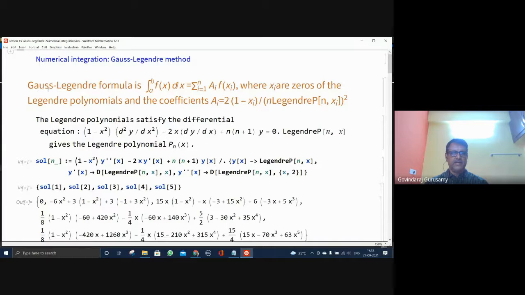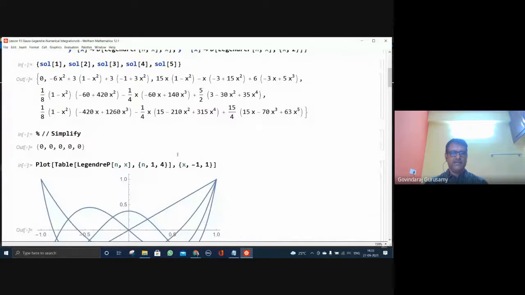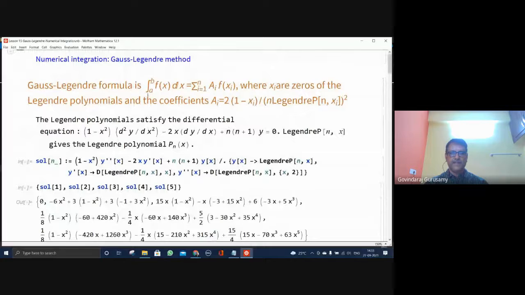So this is the Gaussian quadrature, or Gauss-Legendre method, where numerical integration can be performed for some special kind of functions. Here the integral from a to b of f of x dx can be written as this sum. The a_i are the coefficients from the Legendre polynomial, and the roots x_i are substituted into your function.